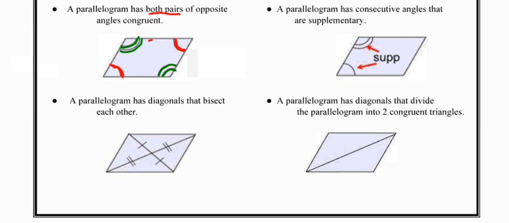Another property that you should be aware of regarding the parallelogram is that it has consecutive angles that are supplementary. Sometimes these consecutive angles are known as adjacent angles. And really, if you remember your properties of parallel lines, it'll make it very easy to remember this property.